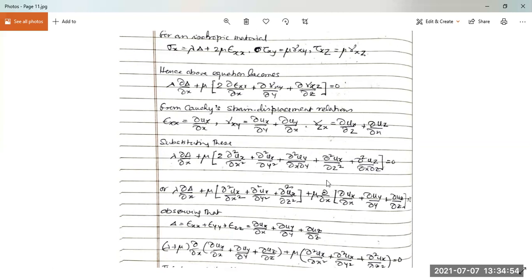Again, what we are doing here is putting these terms together inside the bracket with μ outside.